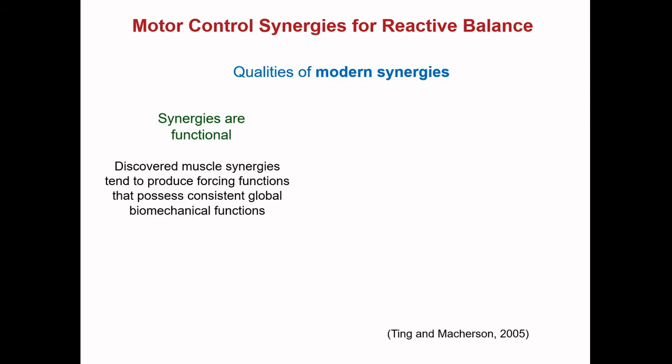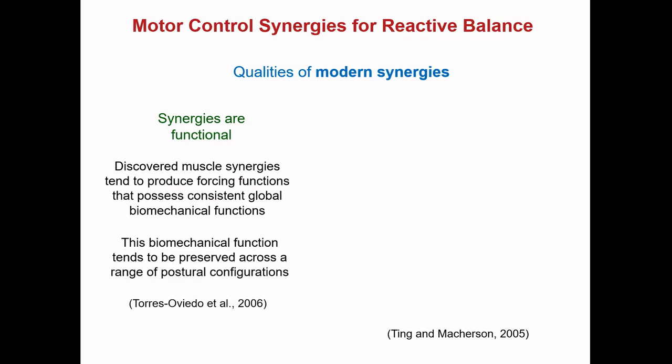The next takeaway point is that synergies are functional. The muscle synergies that have been discovered in this research tend to produce forces that possess consistent global biomechanical functions. These biomechanical functions tend to be preserved across a range of postural configurations.